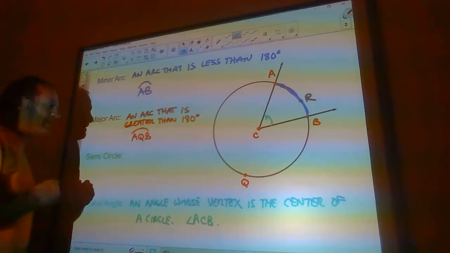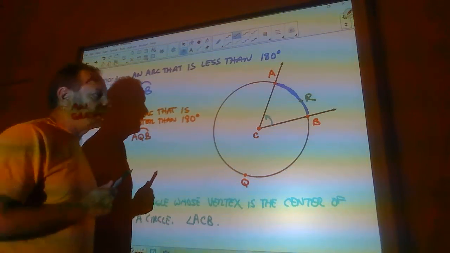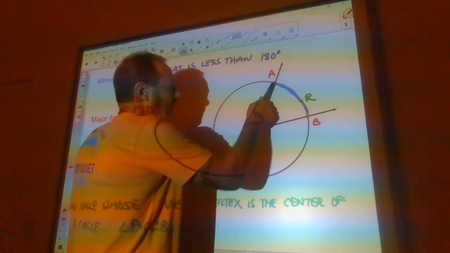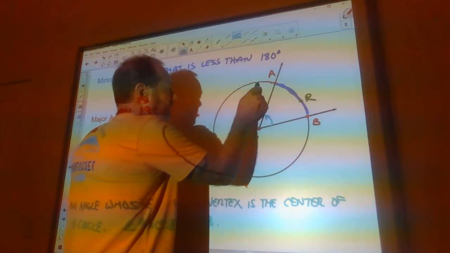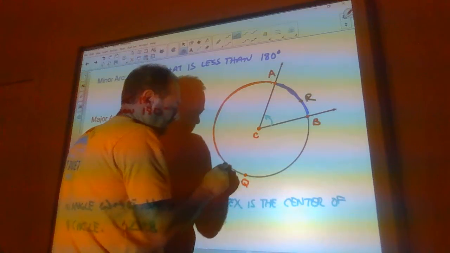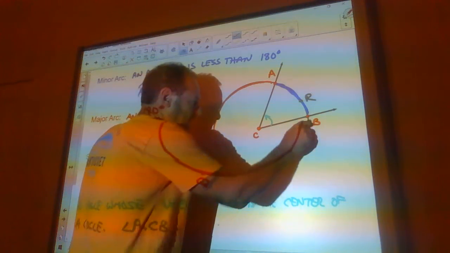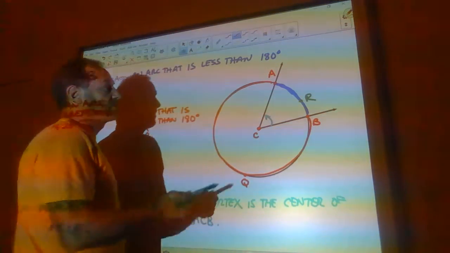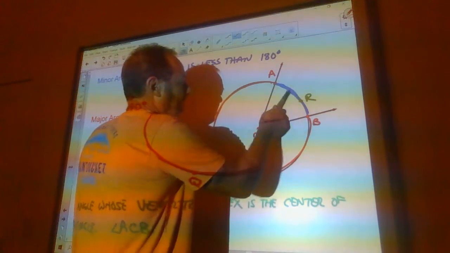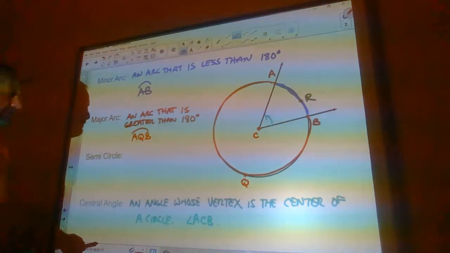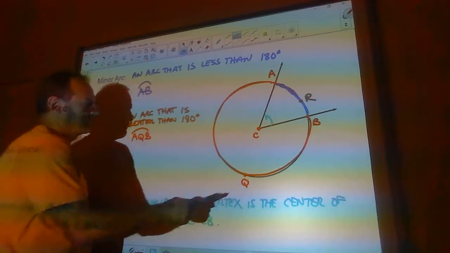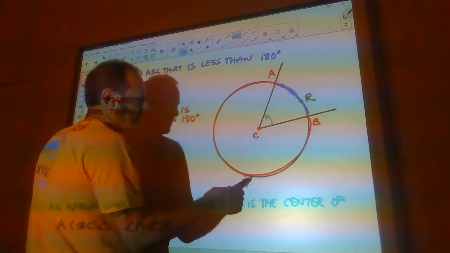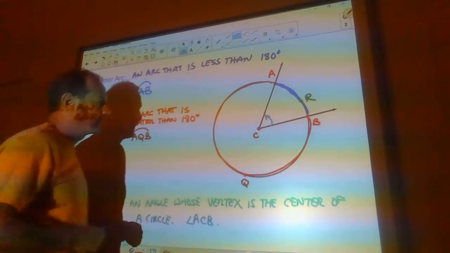Now, you always name a major arc with three letters, okay? Because if I call this just arc AB, then I'm looking at this part right here, okay? So the major arc always has a third letter. It doesn't matter which letter. I could have a whole bunch of points along here. If I wanted, I just pick one.